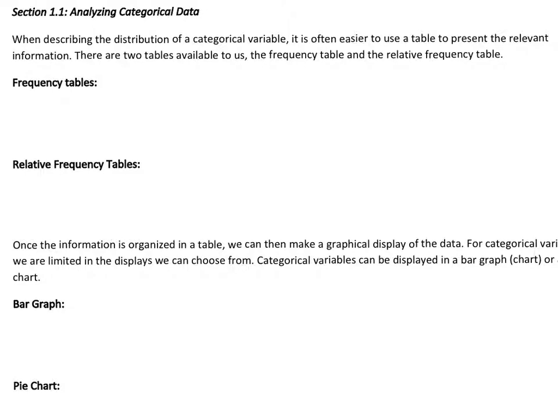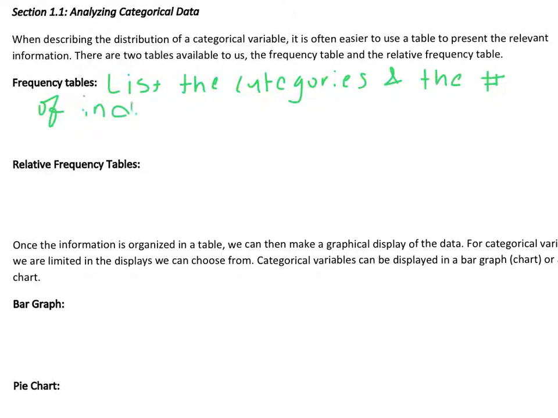When we create these tables, there are two types of tables that we work with. The first, the frequency table, and the second, the relative frequency table. In a frequency table, it's going to list the categories and the number of individuals in each category.